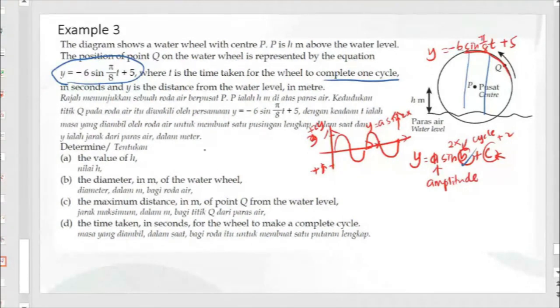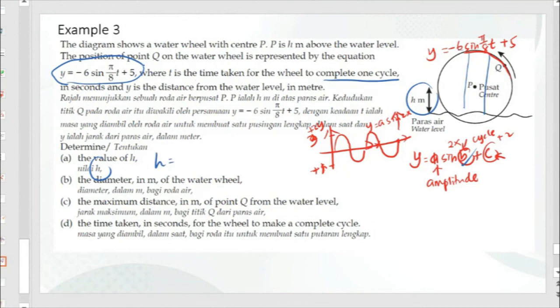So now, first one, A. What is the value of h? h is what? h meter above the water level. From this equation, what is the value of h? Which one is h? Move h meter above the water level, right? So you see, this question we can straightforwardly get the answer. h equal to what?